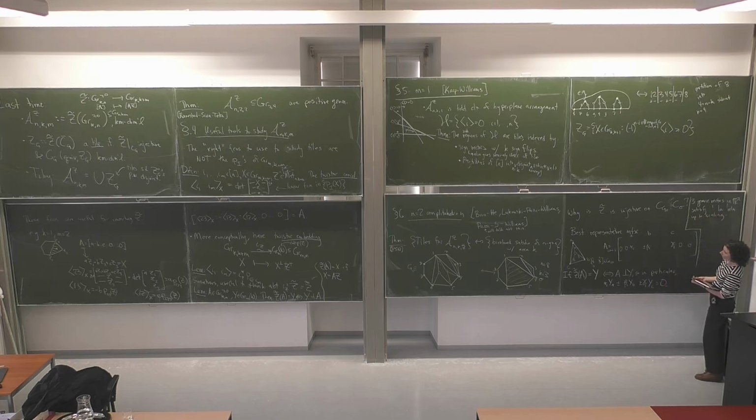And what is that linear relation? You can write it in Plücker coordinates like this: PBC of y times YA, minus PAC times YB, plus PAB times YC, equals 0.